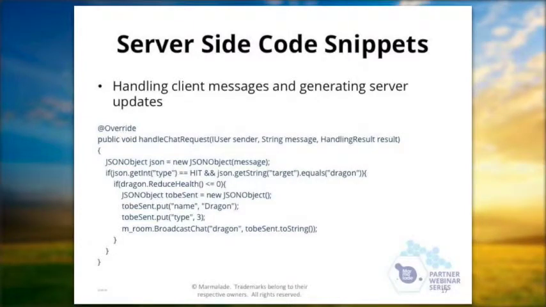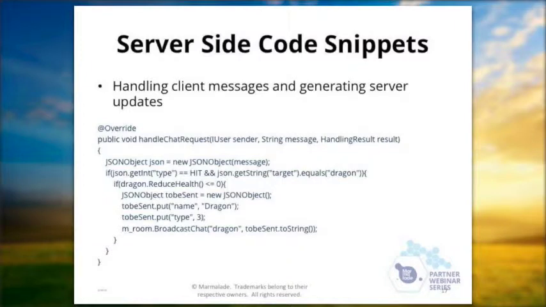So first, when we receive the message, we have to parse it as JSON and see what type of message it is. We check if the client has sent a hit message. If that is the case, then we reduce the health of the dragon. Else, we just let it be. So the default behavior of the server is to broadcast to all the clients whatever is received.